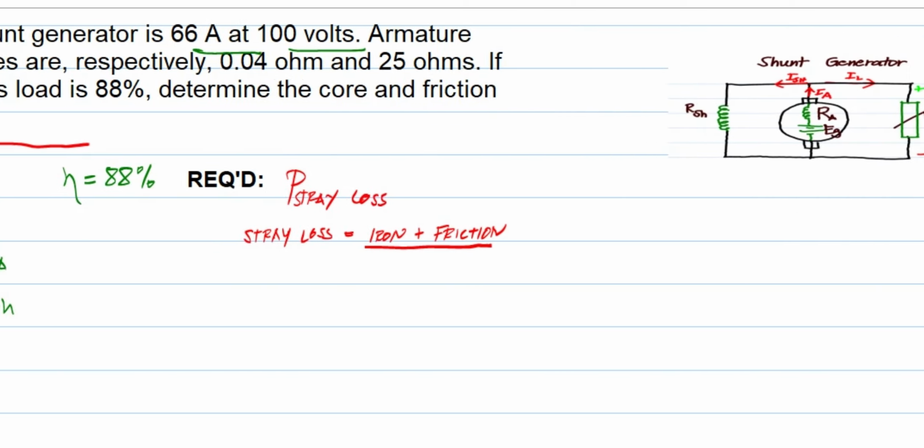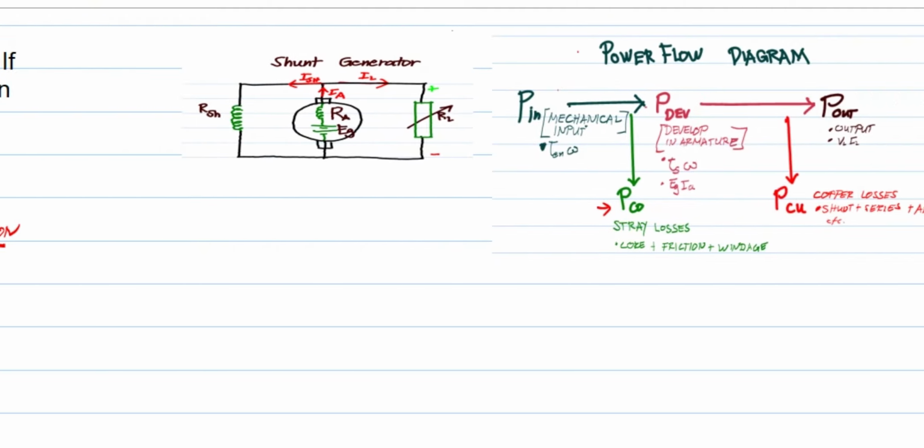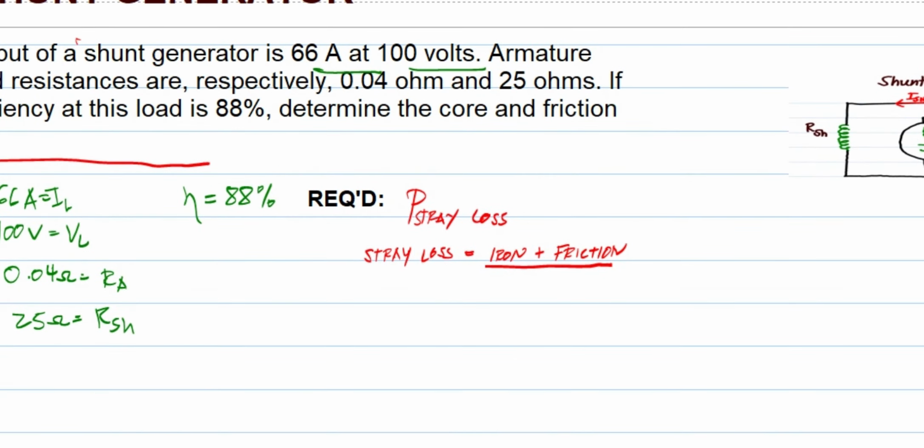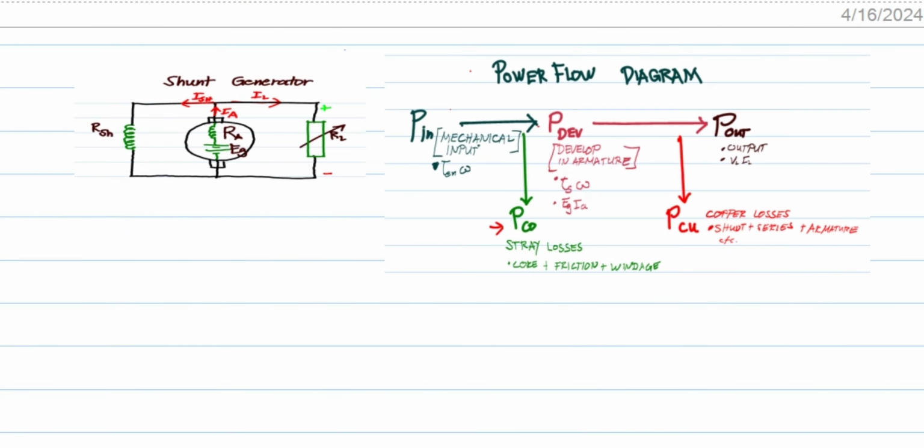In this circuit, RSH and RA are given. Step 1, the very first thing to get is ISH. Why? Because RSH is given and the terminal voltage VL is already given. From the formula, we have VL over RSH.